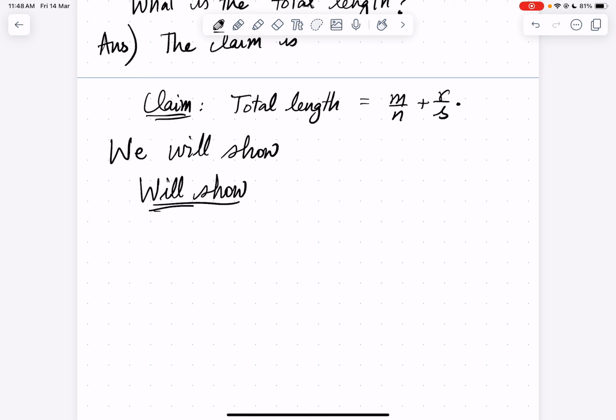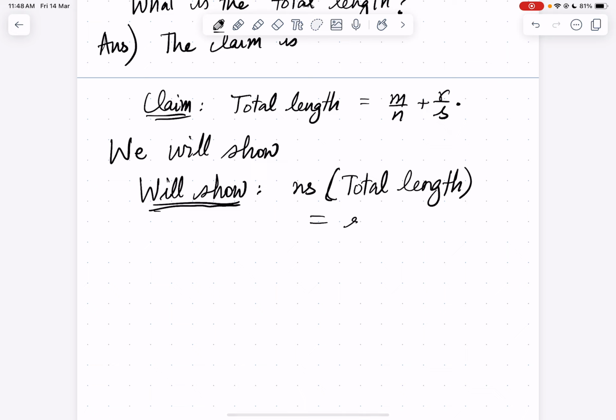It suffices to show this relation, that ns times total length equals ms plus nr.